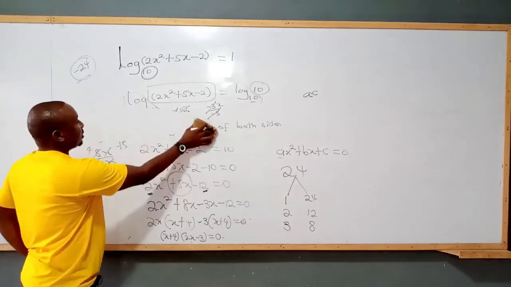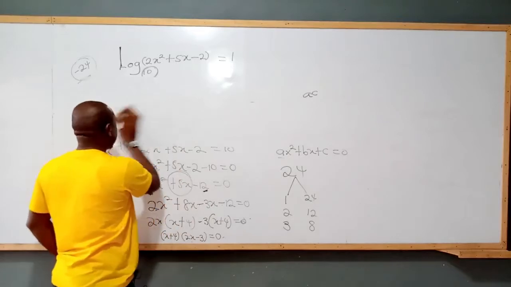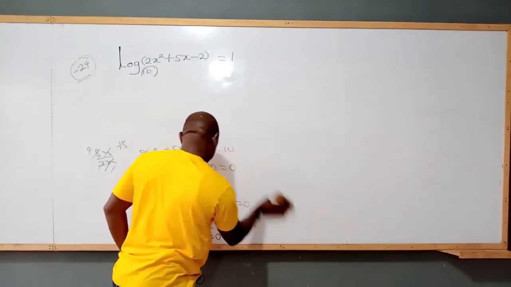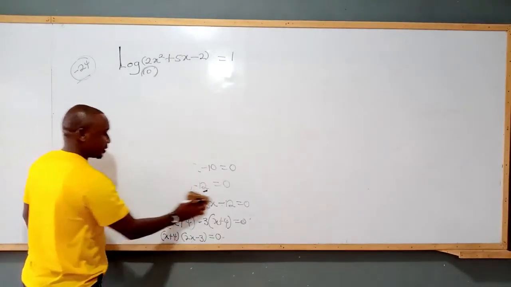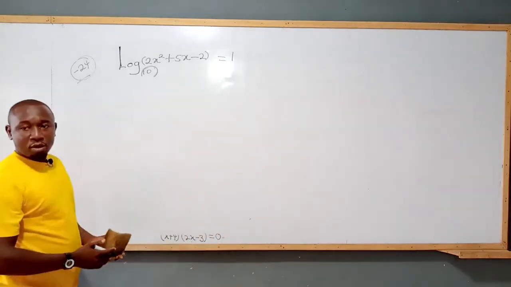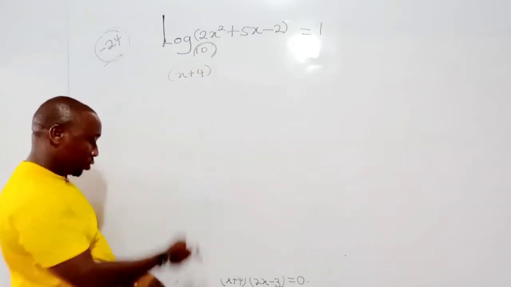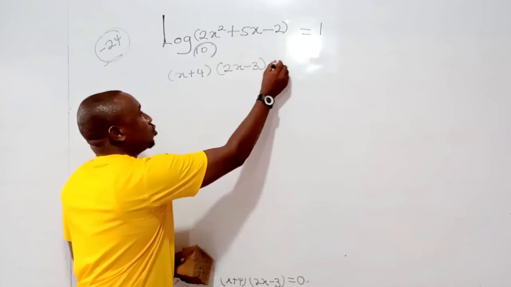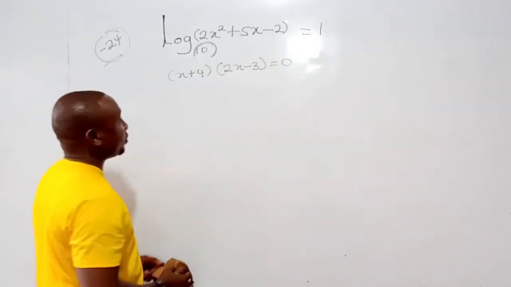Now, let's try and equate them to 0 and then find the values of x. So this is what happens. We have x plus 4 and then 2x minus 3 equal to 0, from the solutions we've done so far.